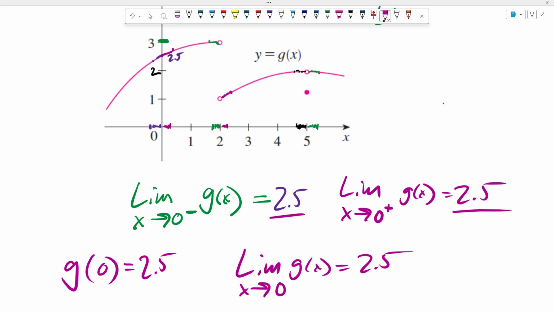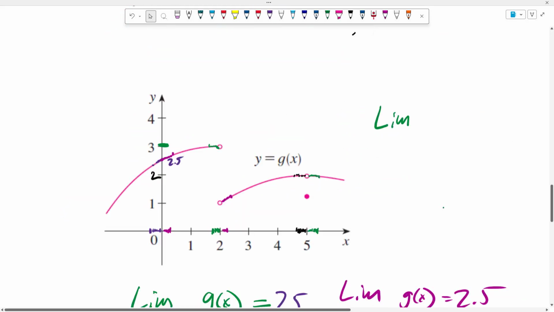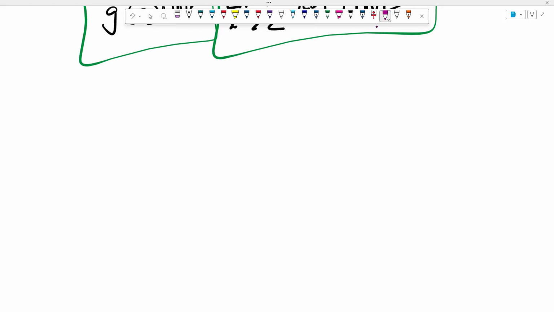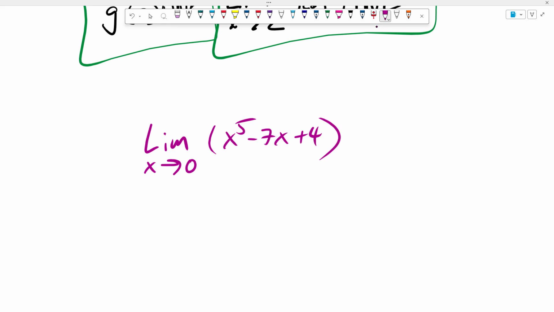And in fact, if we know the function is continuous, let's say 2 and 5 are its only discontinuities. Or let me ask you this: the limit as x approaches 0 of x to the 5th minus 7x plus 4. Is this a continuous function? What do we call this type of function?